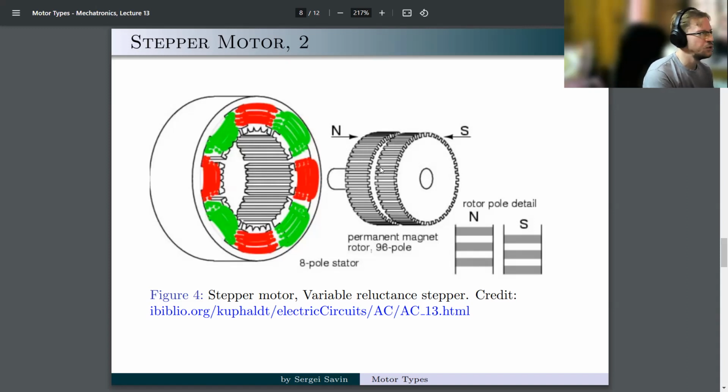So a KUKA robot will not use a stepper motor because the weight will be high, while the torque would not be as high as what you would wish. So stepper motors are not something that lifts loads, not something that produces constant motion. Like, you don't run a fan using a stepper motor.